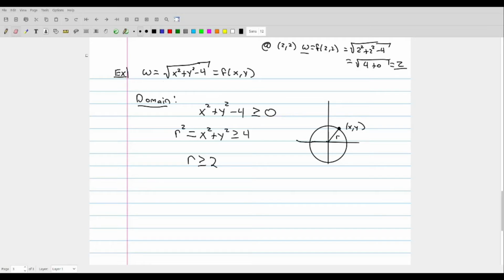So we can shade this in and see that directly. Take this to be the circle of radius 2, and then we shade in all the points in the domain, which is all points that satisfy this inequality.